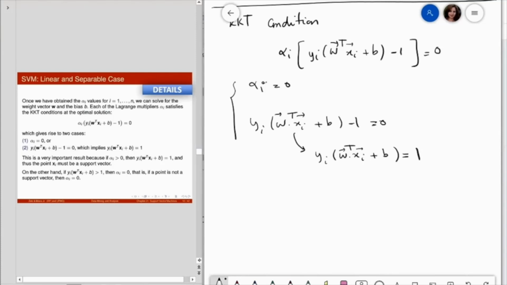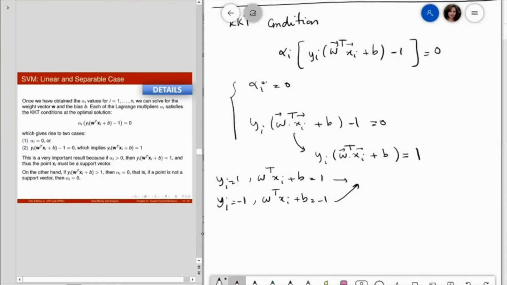If we are on the positive margin, we have w transpose xi plus b equal to 1 and yi equal to 1, so yi times (w transpose xi plus b) is 1. If we are on the negative side, yi is equal to minus 1 and w transpose xi plus b is minus 1. Again, we have the same thing.